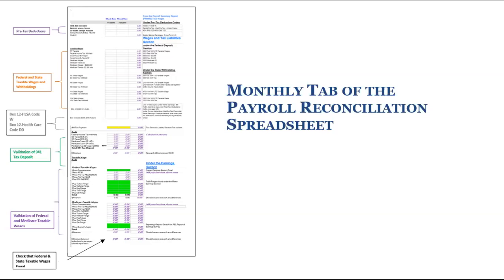The reason we are not calculating and validating the Social Security taxable wages is due to the taxable wage cap limits it has. The sixth section is the validation of federal taxable wage to state taxable wage. The difference should be 0. Any calculated differences found will need to be researched, validated, and/or resolved.